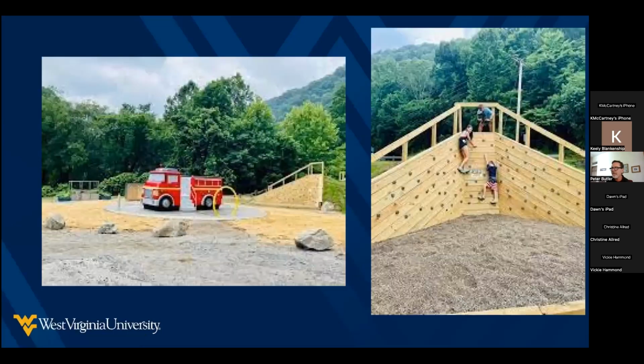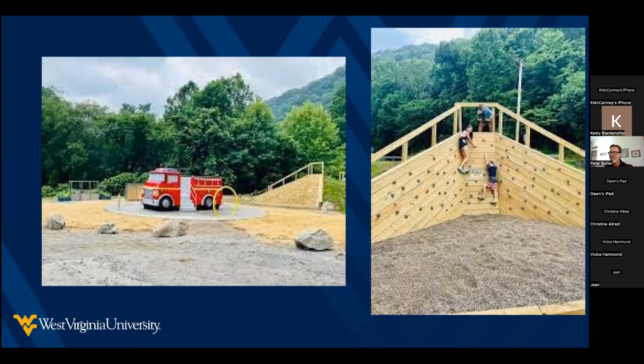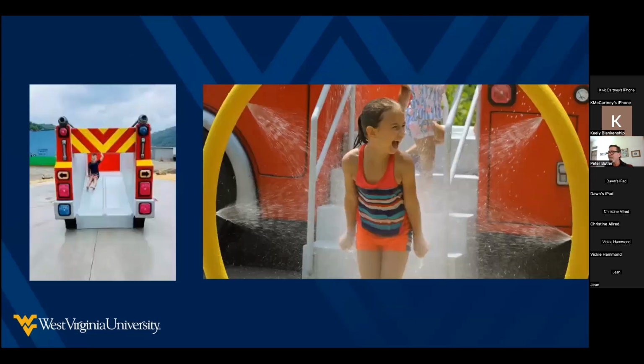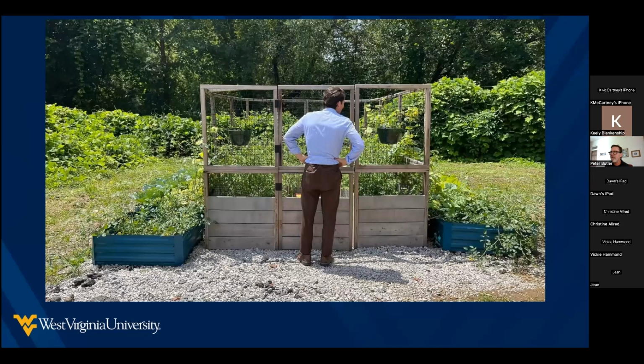They built the park and a funky splash pad with a fire engine and what we call a natural playground with that climbing wall. So it's become a really great asset to the community in Clay. And also the community garden component was integrated into the programming.